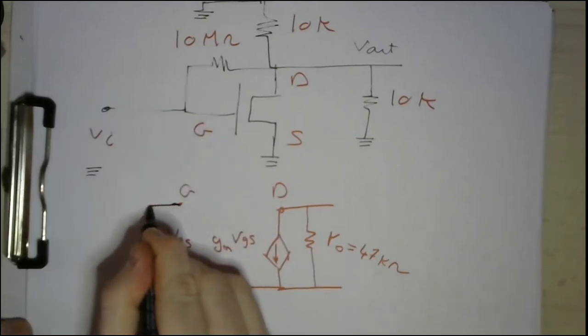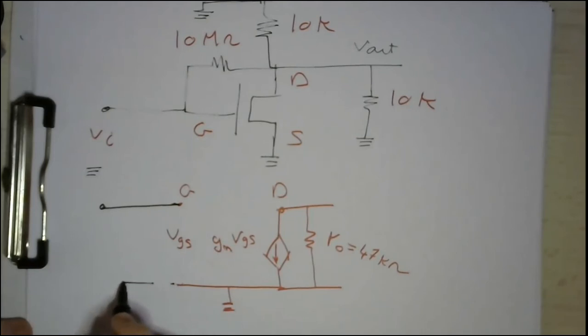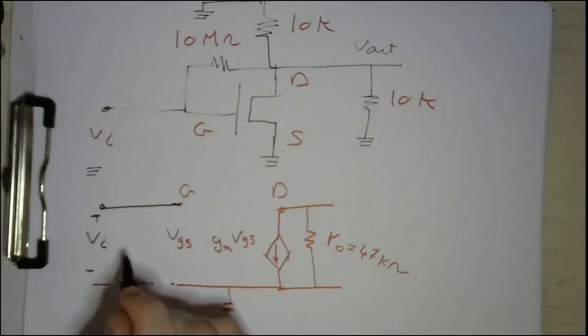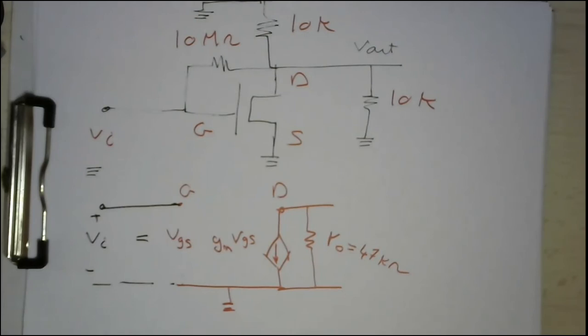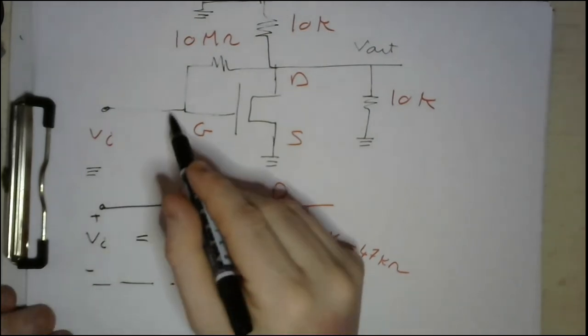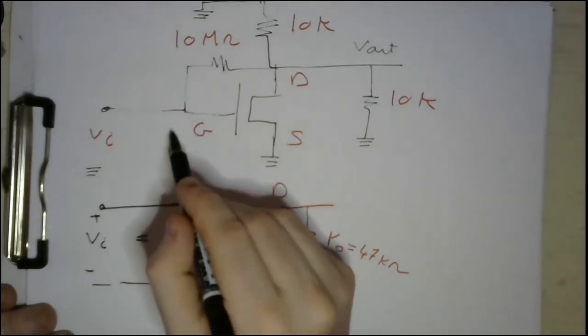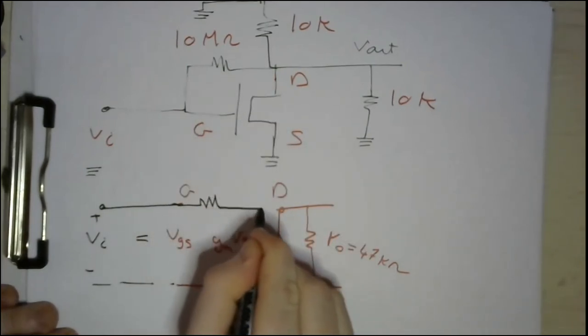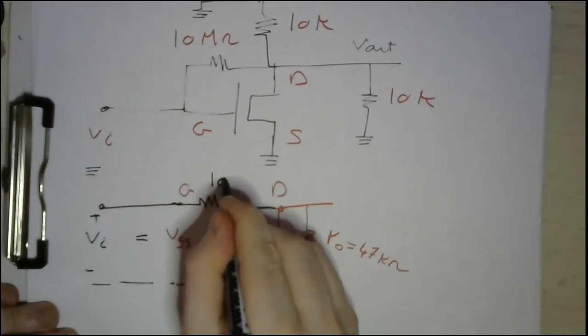So here we have the input. As you can see, the input is typically the VGS. Okay, and you have a resistance between the gate and the drain, which is 10 mega.